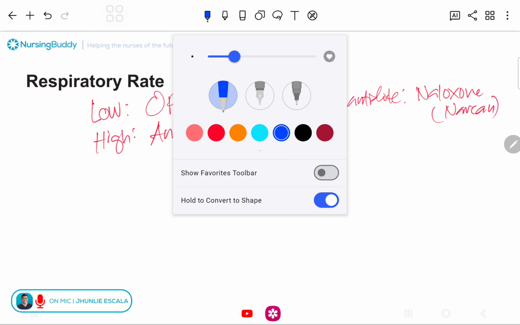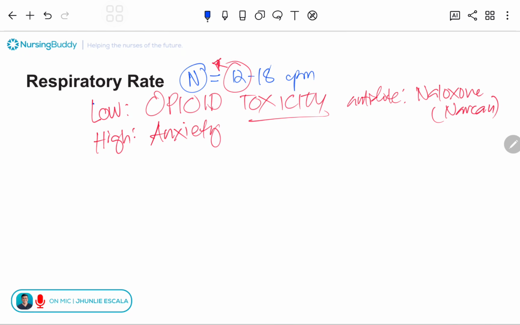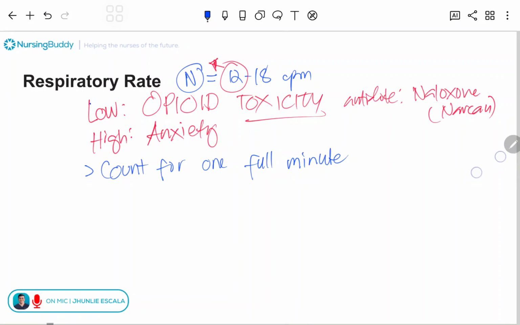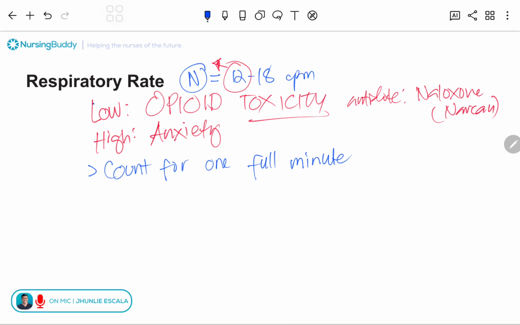Okay. So, now, consideration here, wag po natin iso-shortcut. We should count for what? For 1 full minute. Tandaan po natin yan. We should count this one for 1 full minute. And, okay, anong consideration natin pagdating po sa ating pong mga infant?